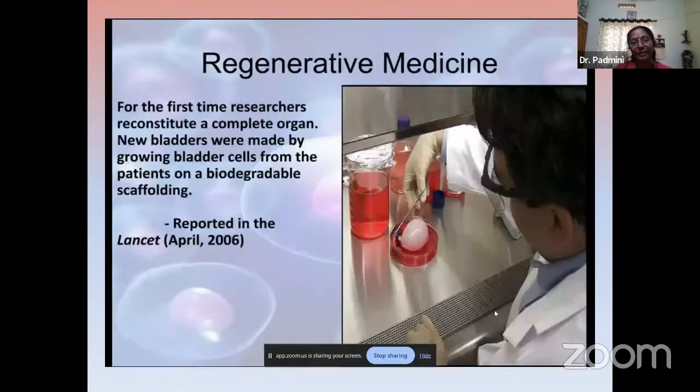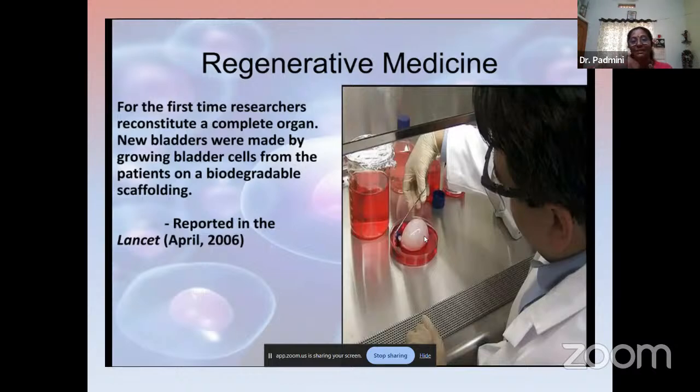So when you're talking about regenerative medicine, this is again a scientist who is growing a bladder in vitro. That's a bladder there. We are able to grow a complete bladder in vitro with the help of a biodegradable scaffold. What do you mean by a scaffold? The shape, whatever shape you want, that's called a scaffold.